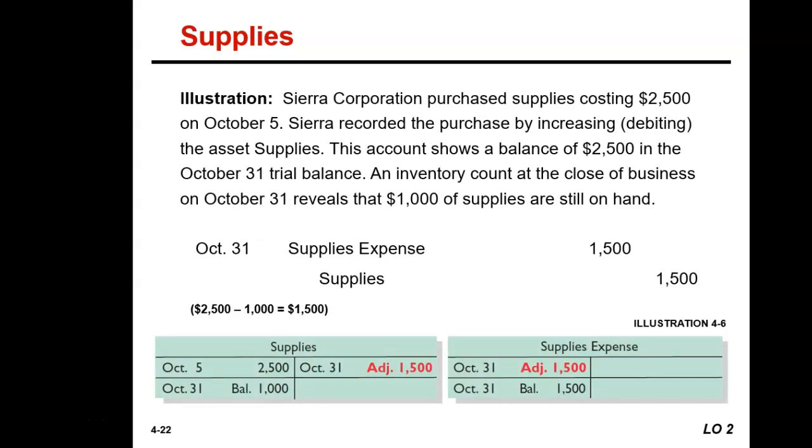So when making the adjustment entry, we'll debit supplies expense for $1,500, credit our supplies account for $1,500. So once you make the adjustment, our supplies ledger is showing the correct balance of $1,000 as of October 31st, and supplies expense is being debited for the amount of $1,500.